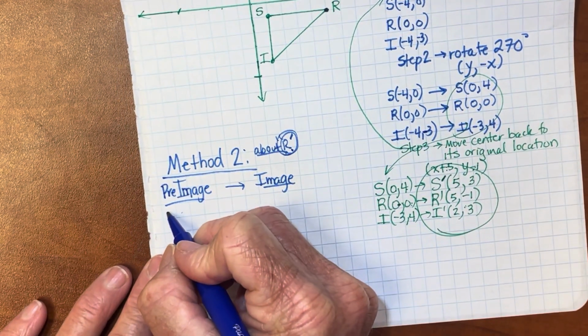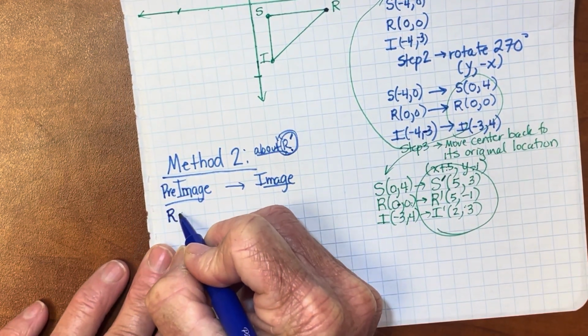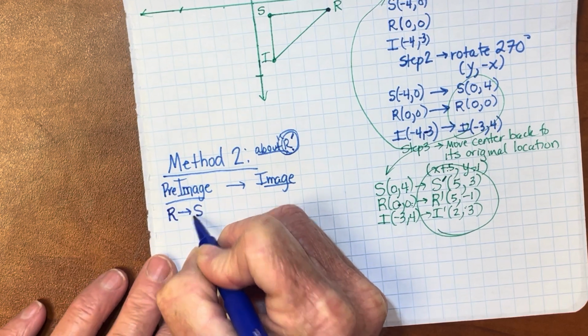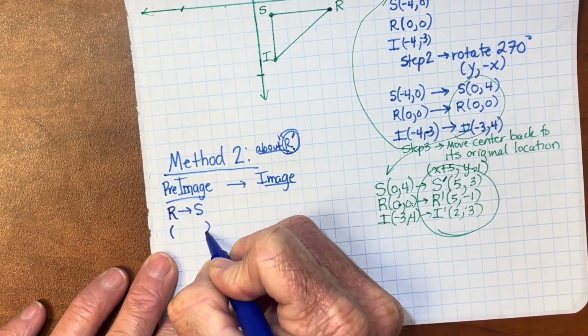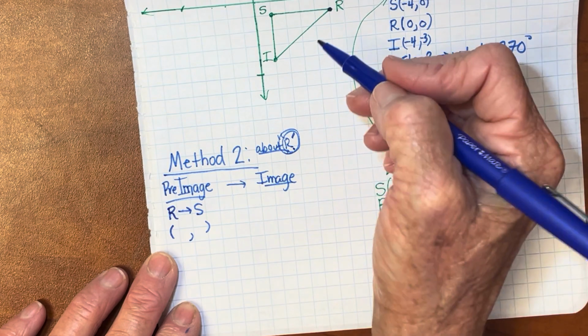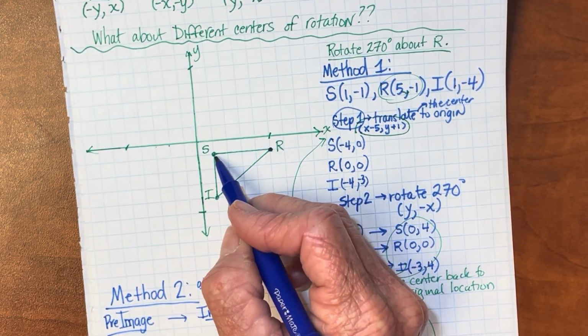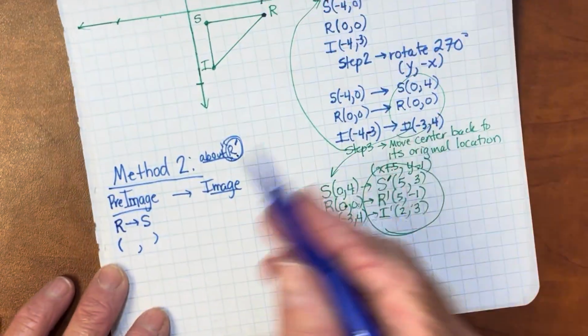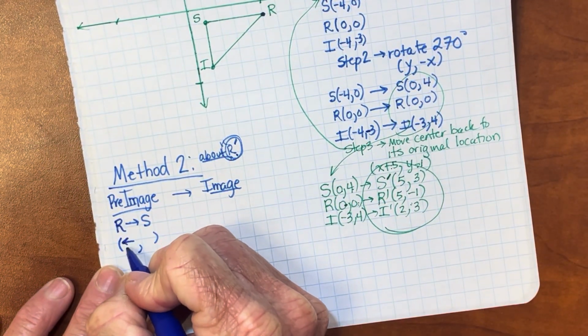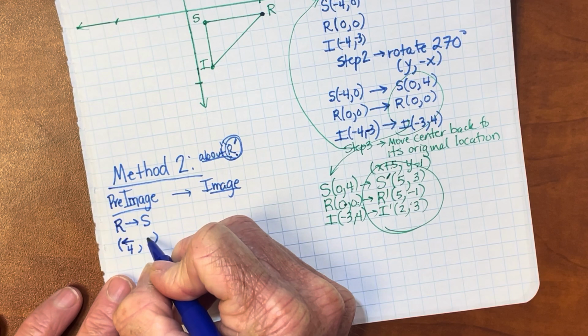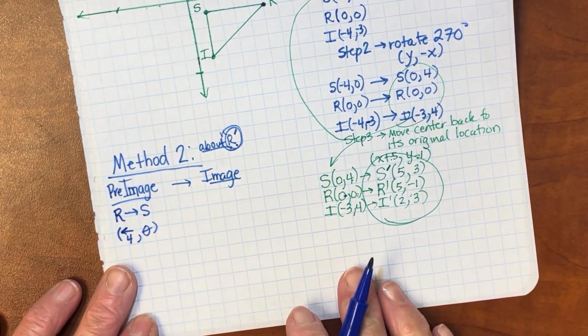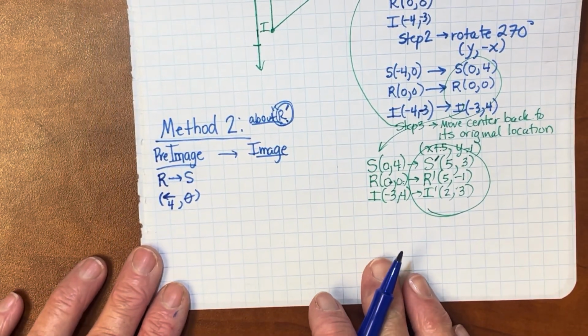So right now, how do I get from R to S? If I wanted to do a translation rule for that, to get from R to S in the original image, I have to only move to the left 4 and I'll be there. So I go left 4 and I don't move at all vertically. I just stay put, okay?